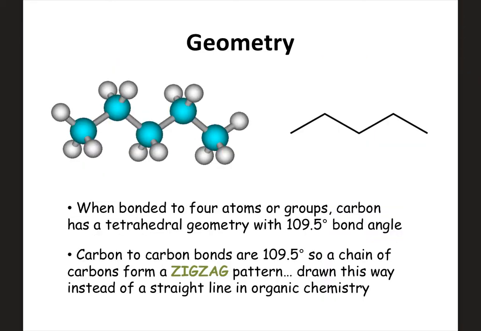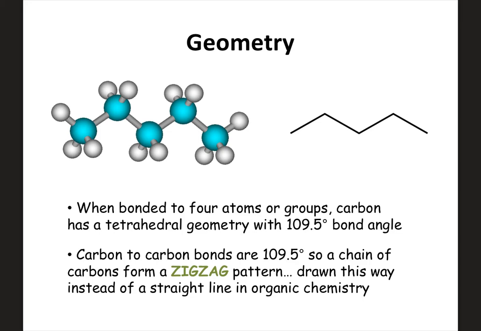When carbon is bonded to 4 atoms or groups here, it has this tetrahedral molecular geometry with a 109.5 bond angle. If you remember, the bond angle for tetrahedral is 109.5. Because these bonds are 109.5, we draw a chain of carbon atoms in a zigzag pattern. Right? We don't show it as a straight line in organic chemistry.